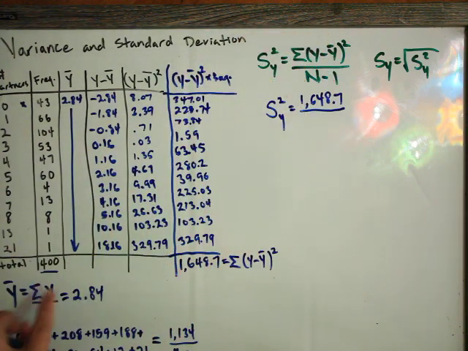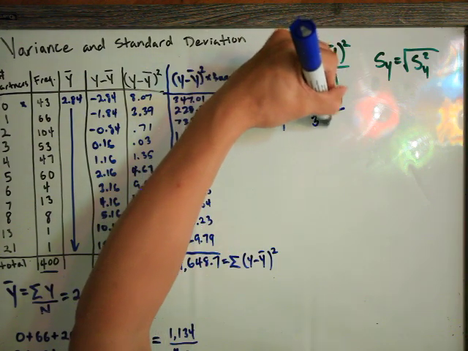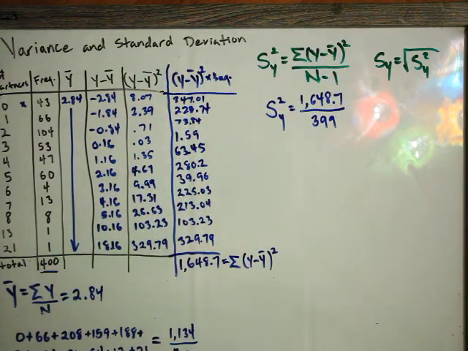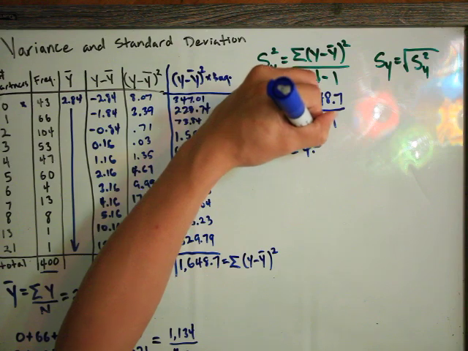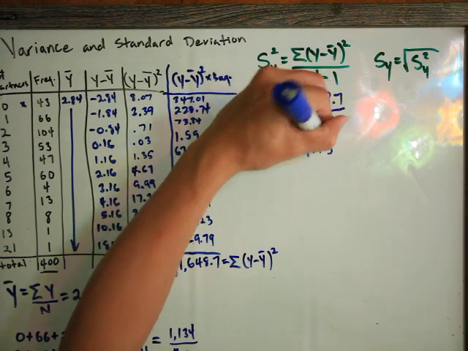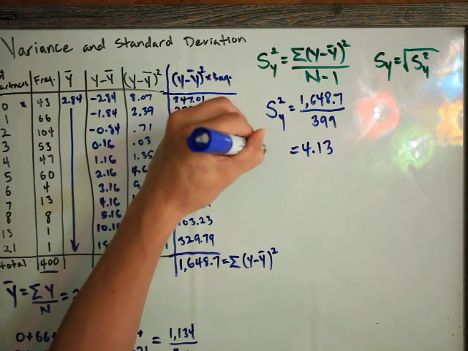Our n is 400, so 400 minus 1 is 399. Okay, so 1,648.7 divided by 399 is 4.13. Okay, so that is our variance.